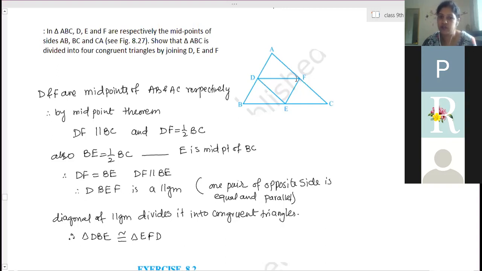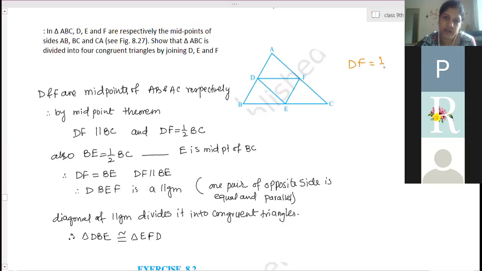Now E and F are also midpoints. So EF is parallel to AB and EF is half of AB, right?